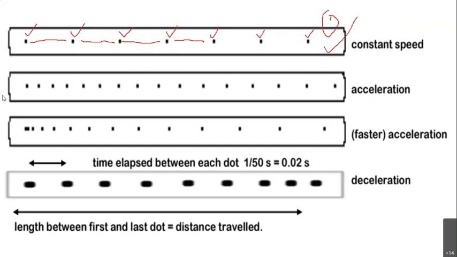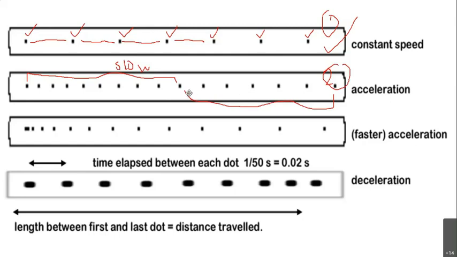What can you say about the beginning part of this tape? How is the object moving during this time? Number 2. Exactly. It's moving slow at first, and then what happened? How can you tell that it started to speed up?